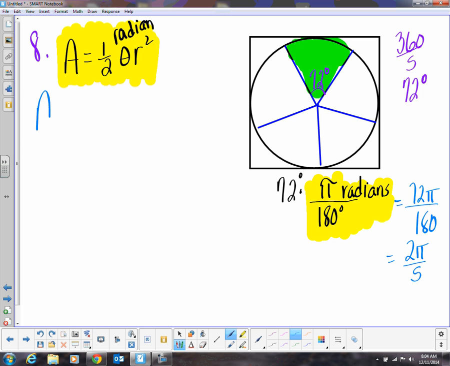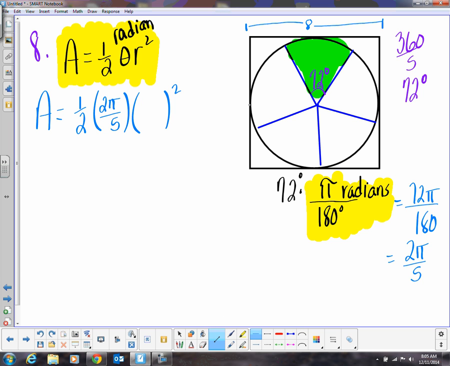So where does 2 pi over 5 go in my formula? Is it theta or is it r? We put 2 pi over 5 here. Next question. I need my radius. They told us that the length of this square is 8. What's the diameter of this circle? 8. Do you see the diameter? Is it the same length as the square?